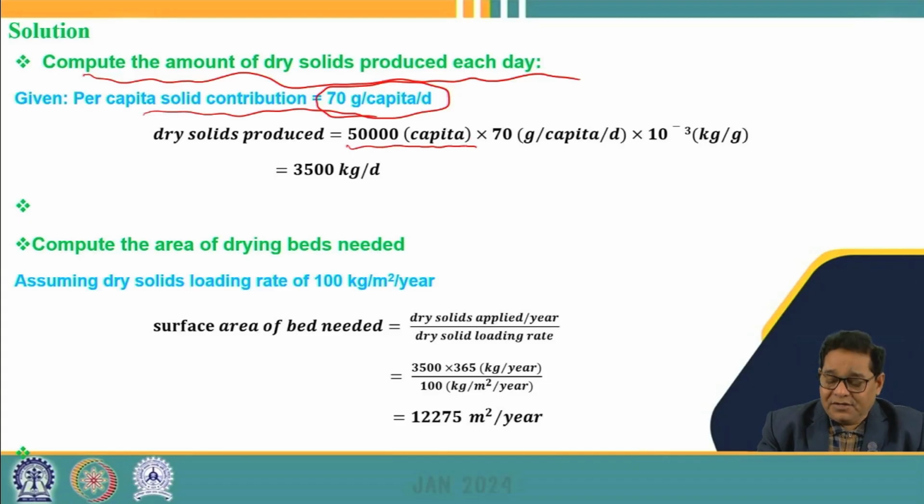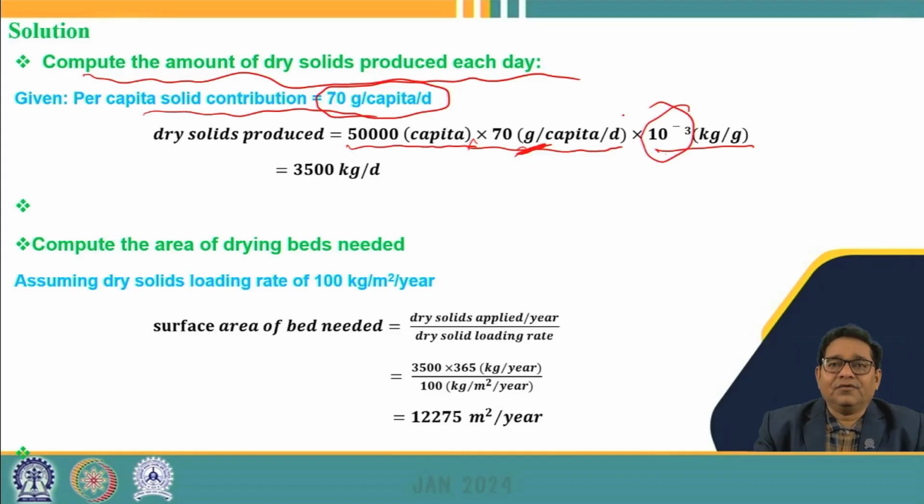If we multiply this with the per capita contribution of the dry solids, we get the total amount of dry solids produced per day. Since the value is given in grams, it will come as total sludge in gram per day. Since the quantity will be very high, we convert this into kg per day by multiplying by 10 raised to the power minus 3.